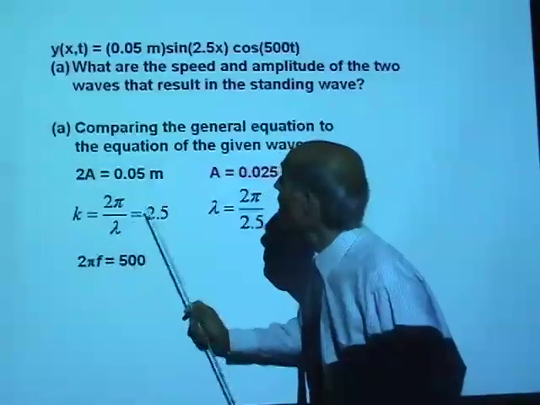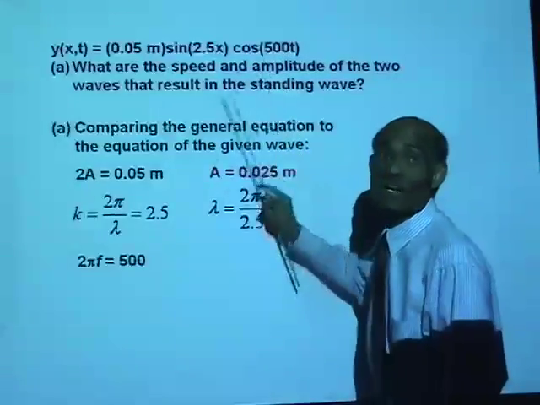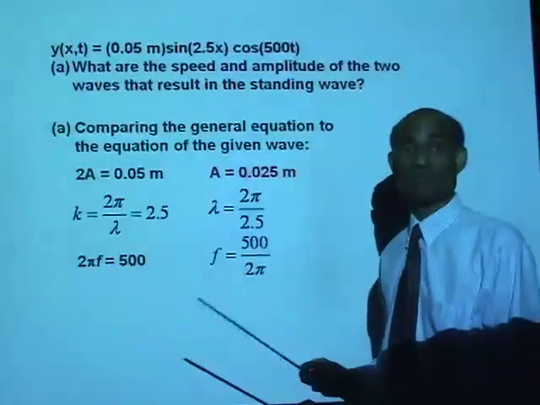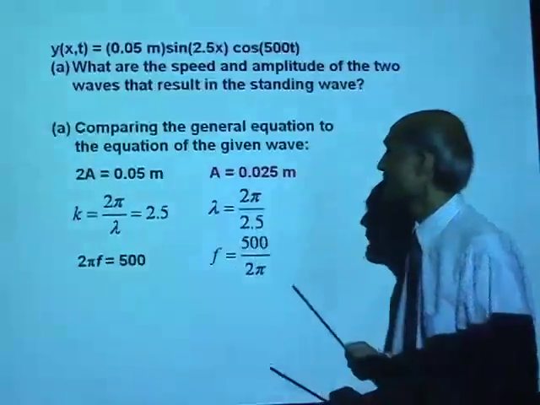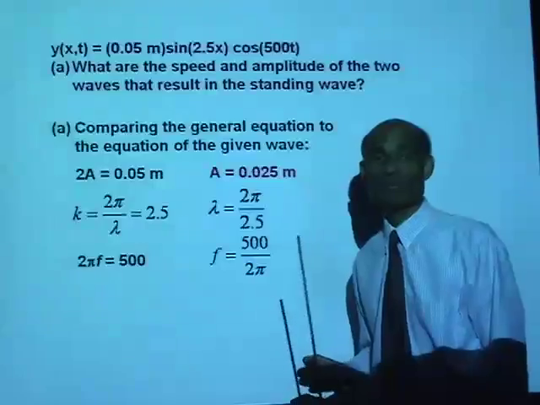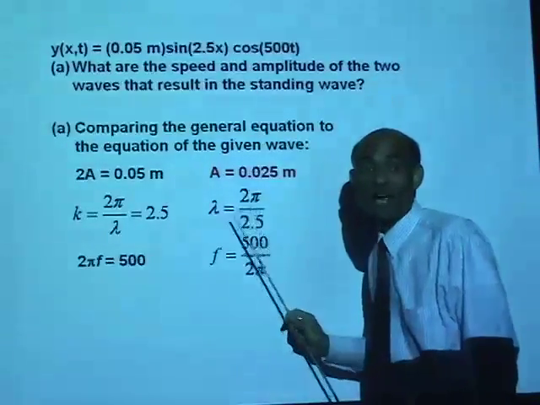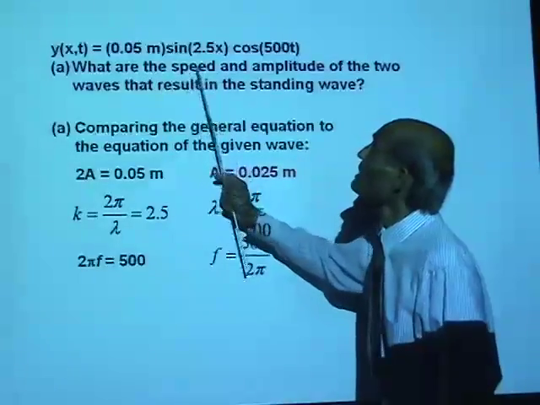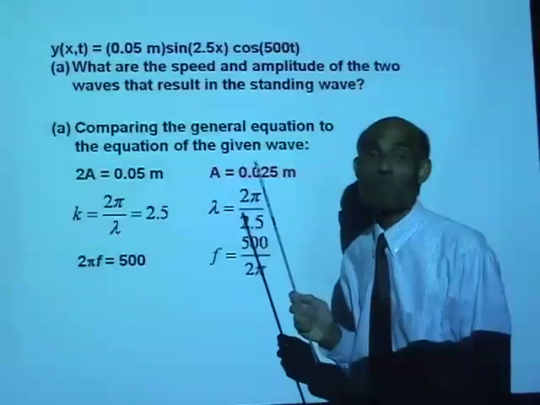And omega, this quantity, is 2 pi f equal to 500. Therefore, f equal to 500 divided by 2 pi. I left these without calculating because I'm going to use them to find this quantity. What do I need to find? Speed. How do I find the speed?